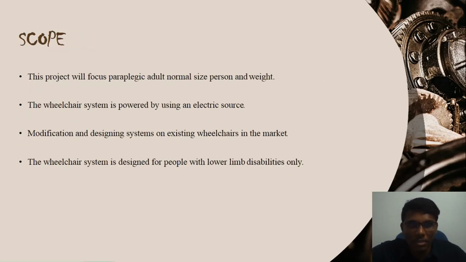This project will focus only on paraplegic adults of normal size and weight. This wheelchair system is powered by an electric source. We use a battery, I think 24 watt or 12 watt, and modification and design of the system on the existing wheelchair in the market.